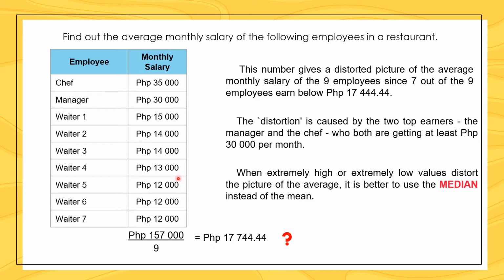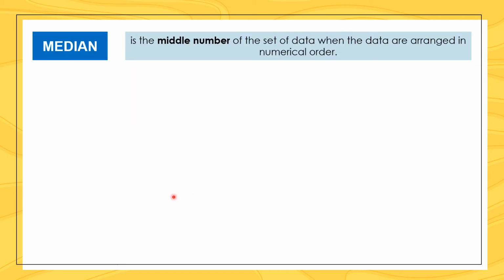It will not represent the whole data set. So what is the median? The median is the middle number of the set of data when the data are arranged in numerical order. Again, you need to arrange the data in ascending or descending order, so it's up to you. And then you find the middle number.